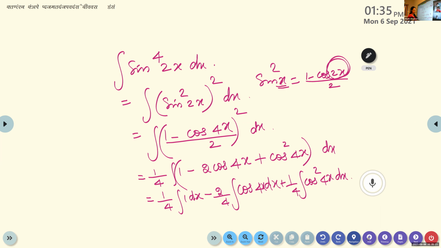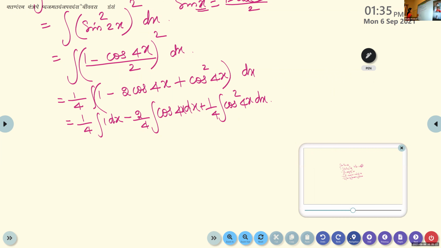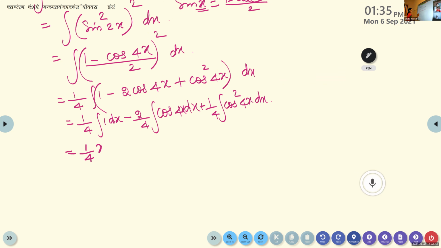Now integral of 1 dx is x. 2 by 4 means it is 1 by 2. Integral of cos 2x will become sin 2x by 2, plus 1 by 4 into cos square 2x. Cos square 2x, how to integrate?